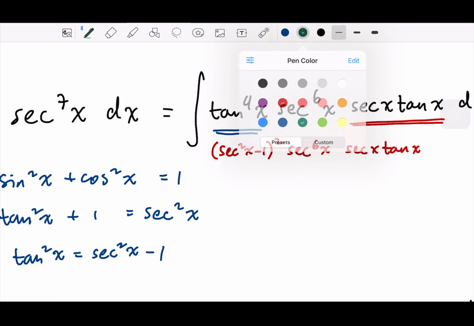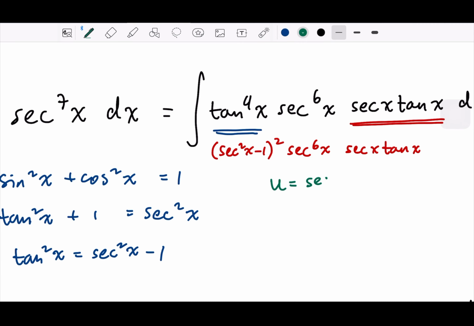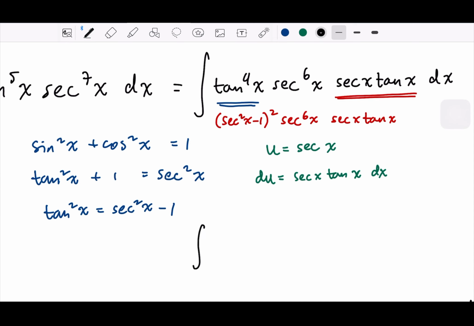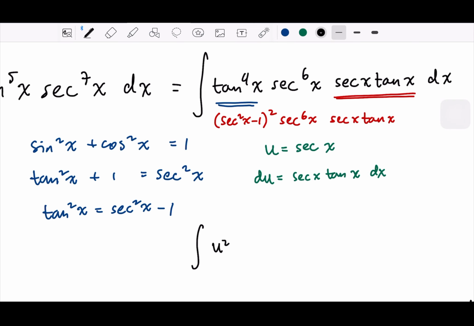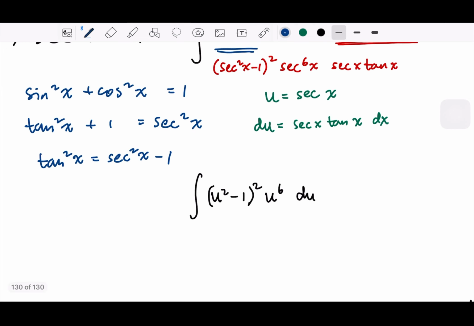When we have u as secant x, we are going to have a nicely canceling secant x tangent x, right? Now we have u squared minus 1, squared, and then u to the power of 6, and then cancel the secant x tangent x, and then du. Then nicely done. And this will be 4.